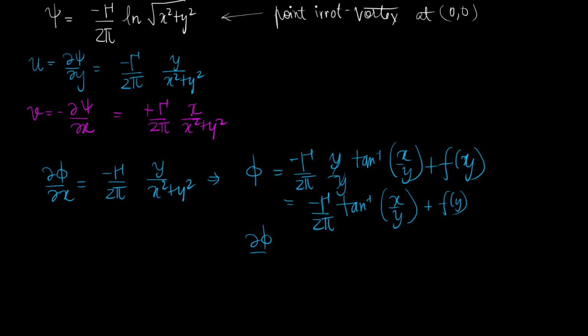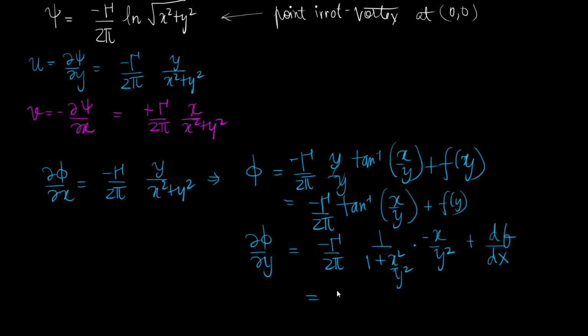So del phi upon del y would be minus gamma upon 2 pi times 1 upon 1 plus x square upon y square times minus x upon y square, which is simple chain rule, plus df dy.